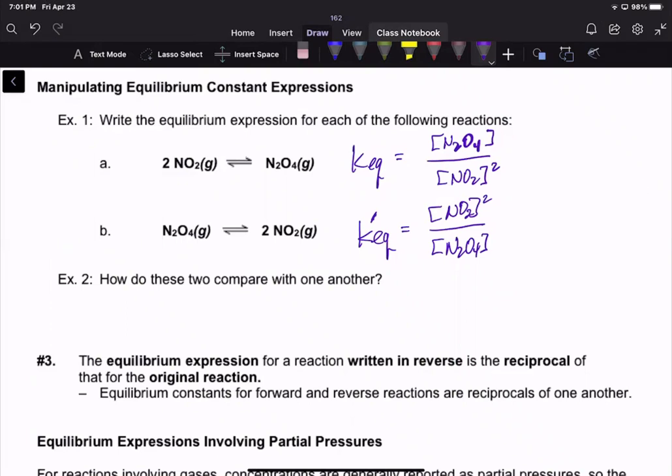Right, so how do these compare to one another? They're inverse. Opposite. So Keq equals 1 over K prime eq.